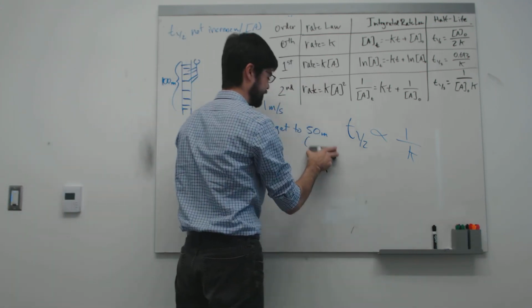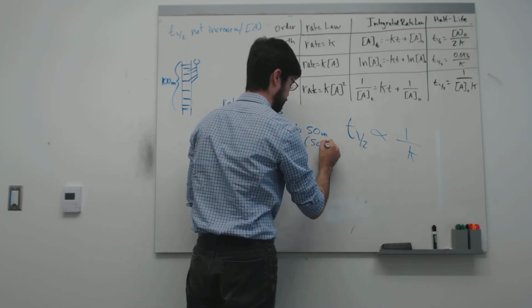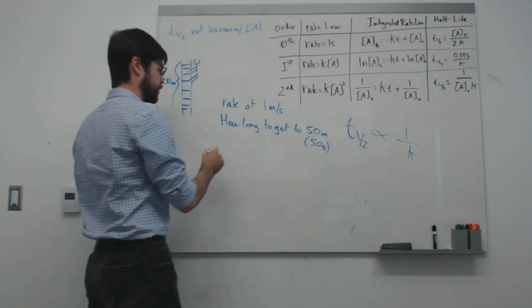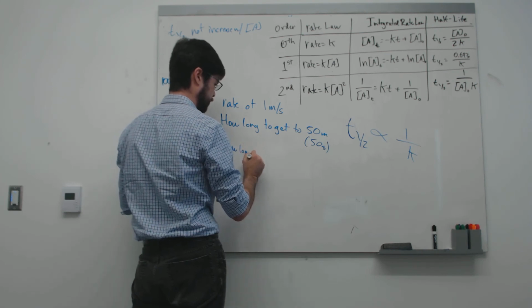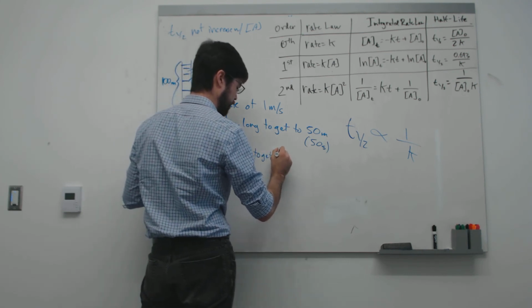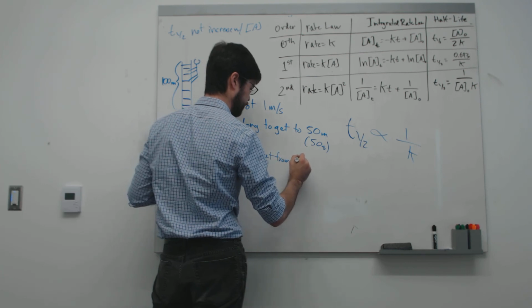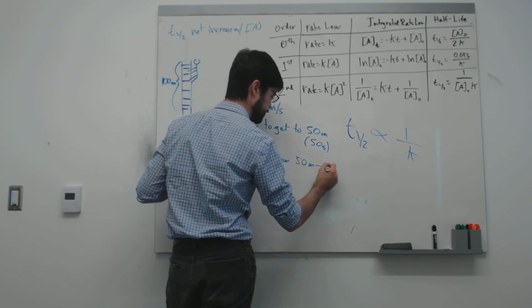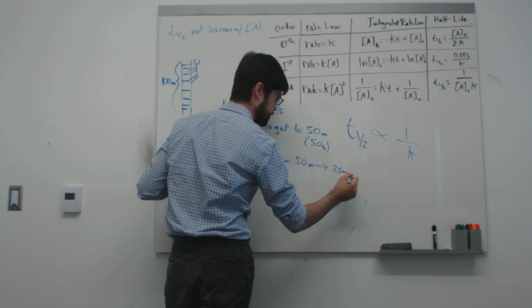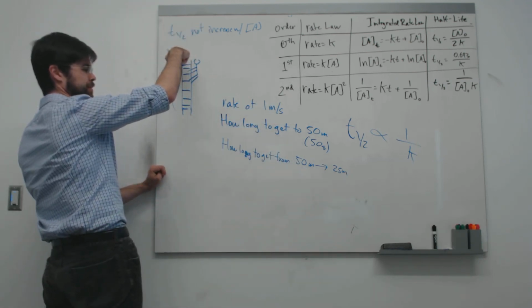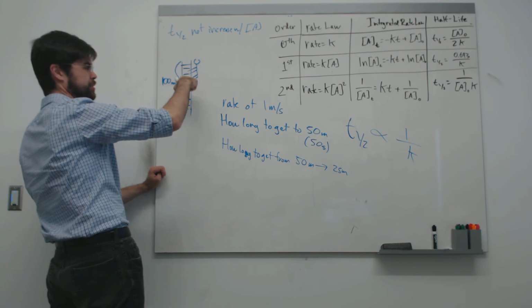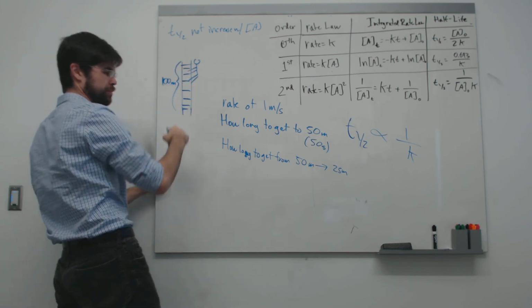If I can write neatly. 50 seconds. Then you're like, okay, how long does it take me to go from 50 meters to 25 meters? Meaning I start at 100 meters high, I go down to 50 meters high, and then I go down to 25 meters.